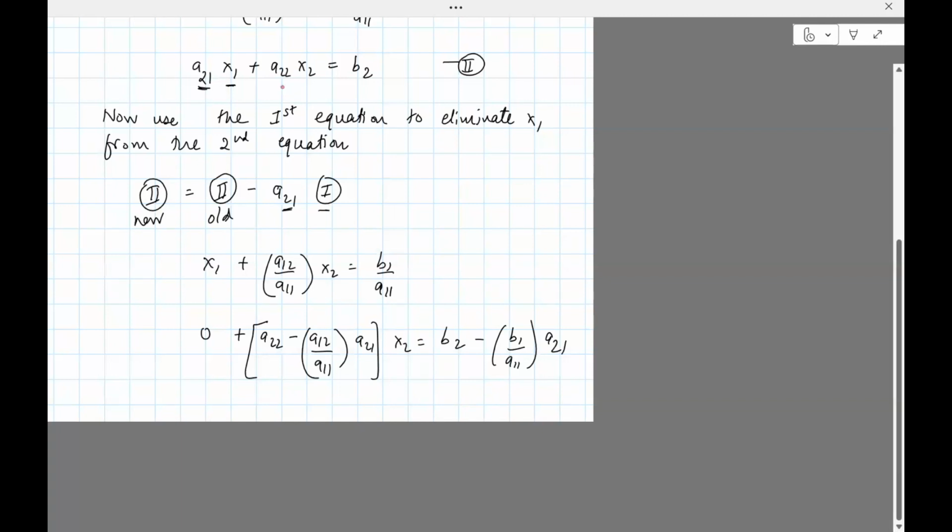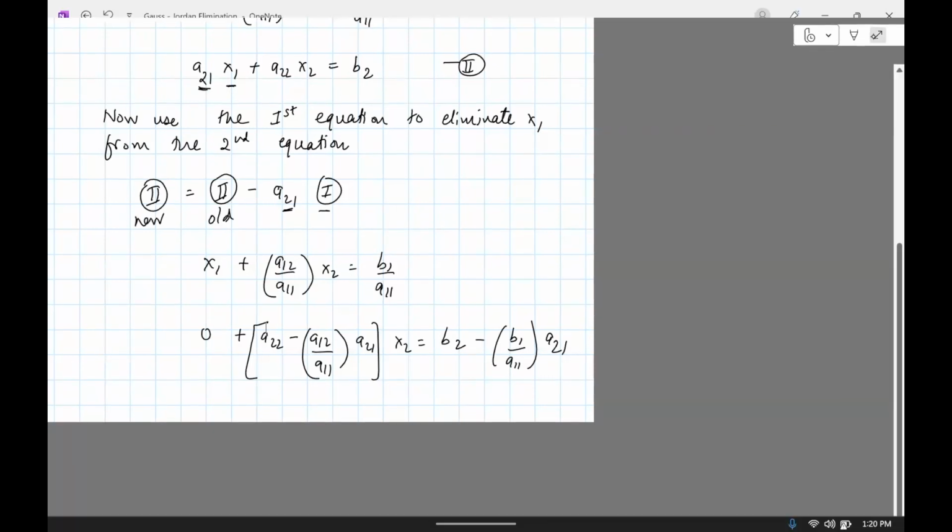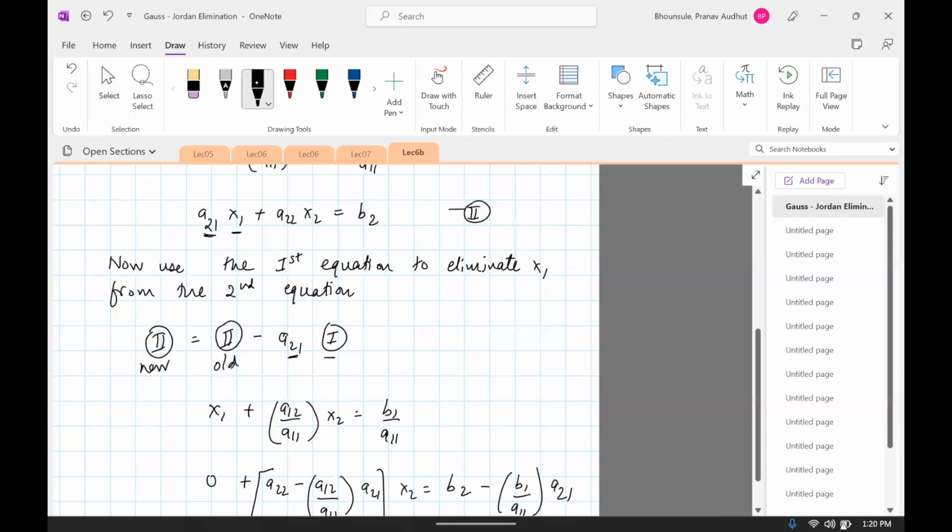You'll use this element to cancel off A12 divided by A11. Okay, so the way you do this is next step would be you normalize. So this is iteration 1. Iteration 2 is, write it down.